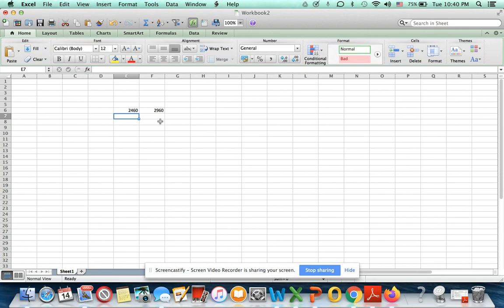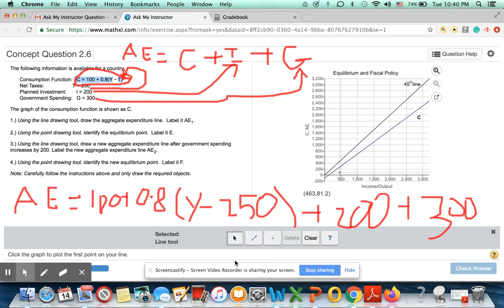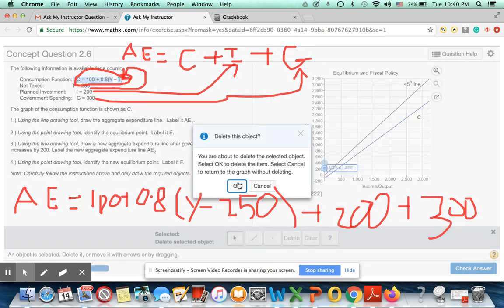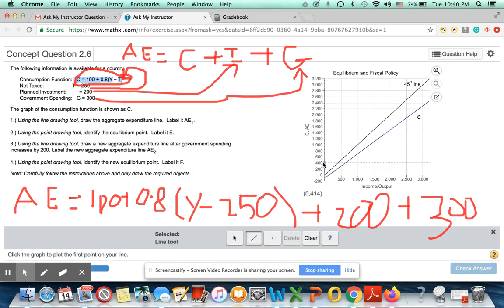The first point was 0, 400. Let me just delete this and do it over again. So when income is 3200, I think it was here, 2960.